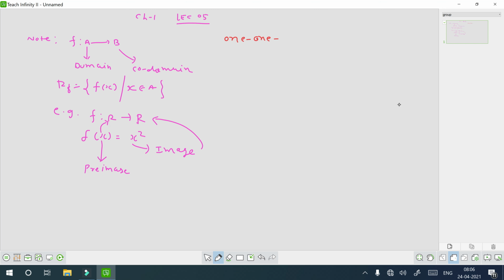1-1 function, or in other words, injective function.